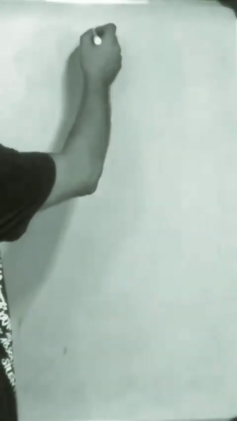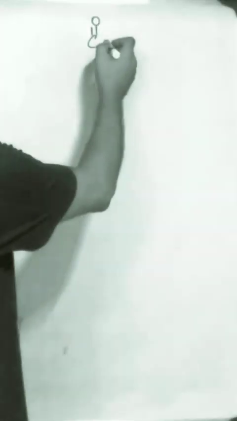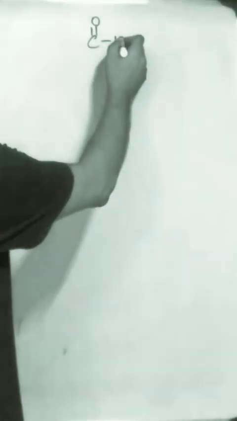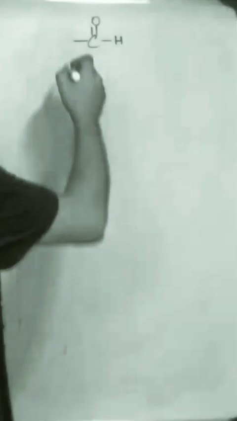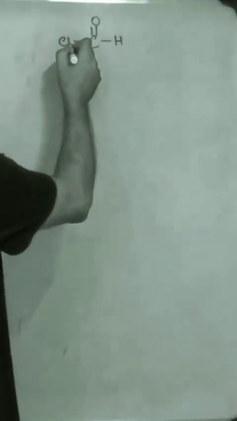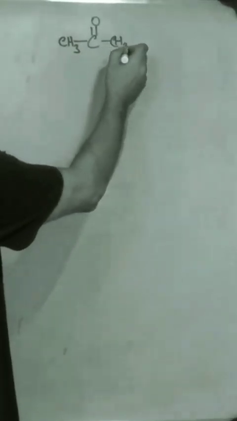In both aldehyde and ketone, this group is common and it is the carbonyl group. Now when the other bond of the carbonyl group is made with a hydrogen atom, this functional group is called an aldehyde group. And if in both hands of the carbon some alkyl groups are present, like CH3 and here also CH3 or any alkyl groups, then this is called a ketone.